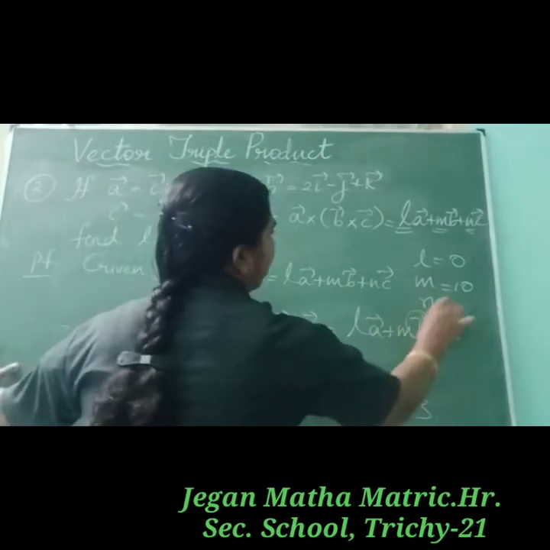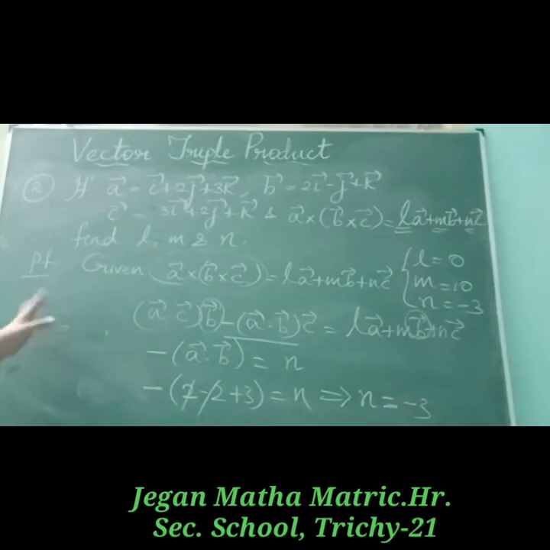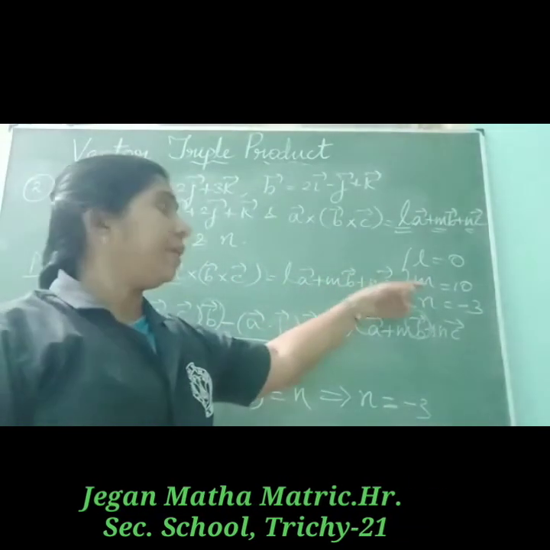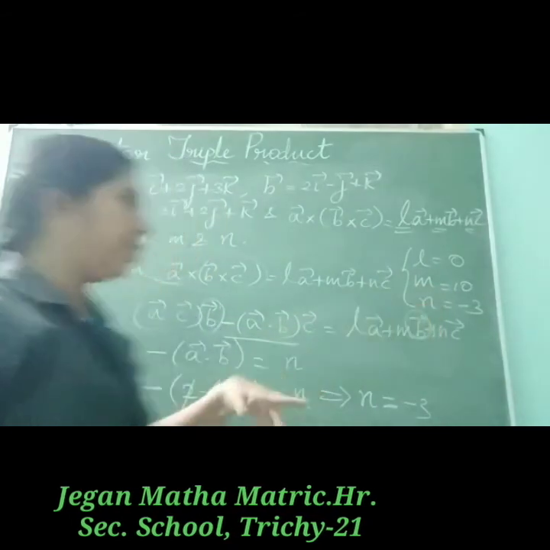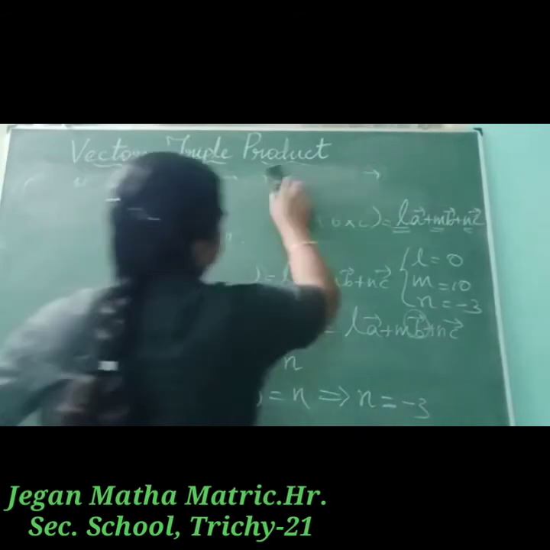By using the vector triple product, we got L equal to 0, M equal to 10 and N equal to minus 3. In the same way we can solve one more sum.